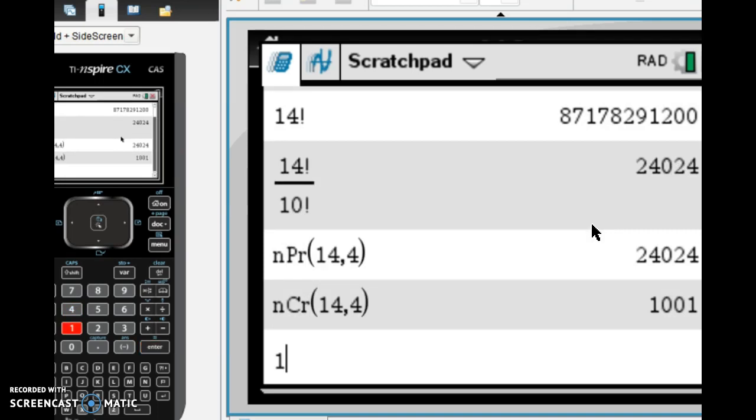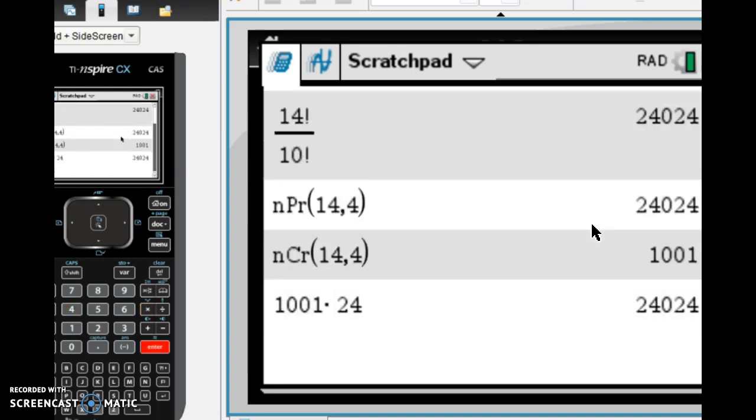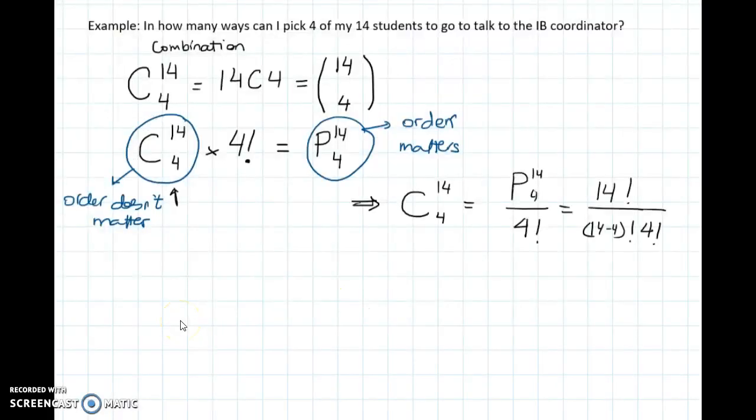And we can check: 1001 times 4 factorial, so 4 times 3 times 2, so 24, is the 24,024 we had for the permutations. So we can select the students in 1001 ways.